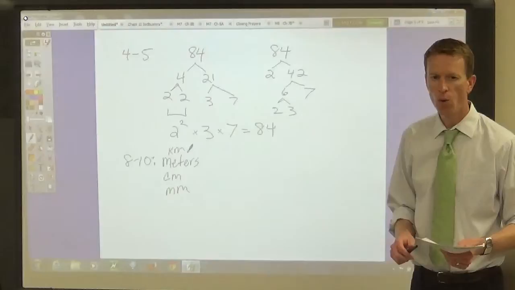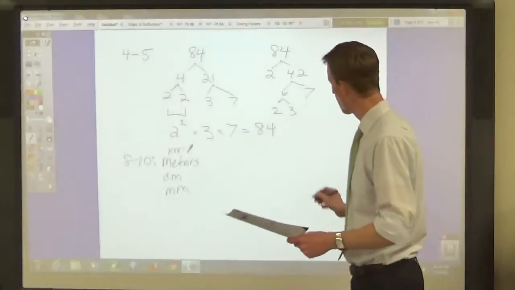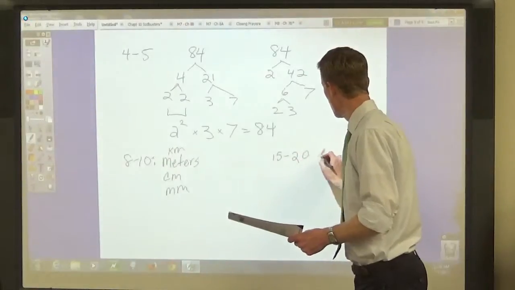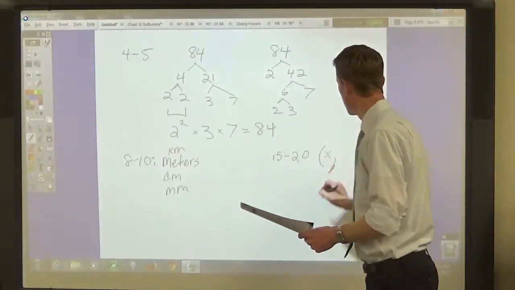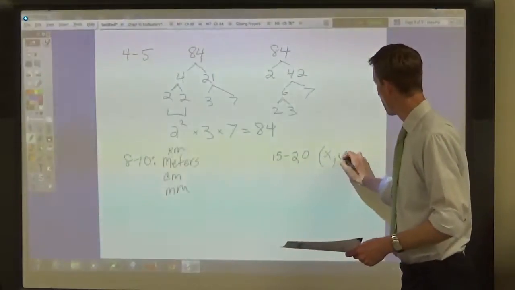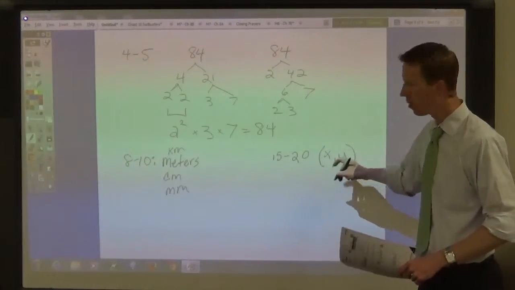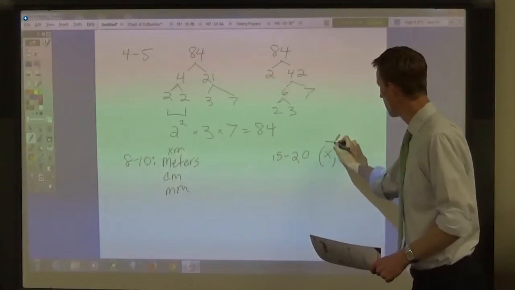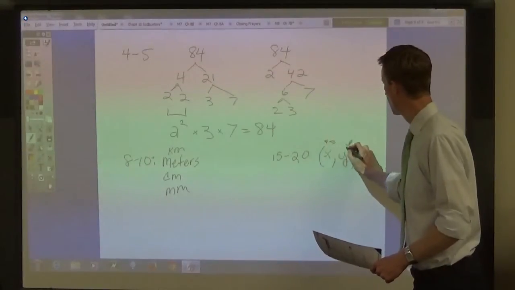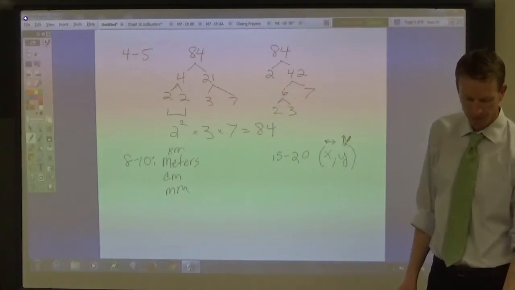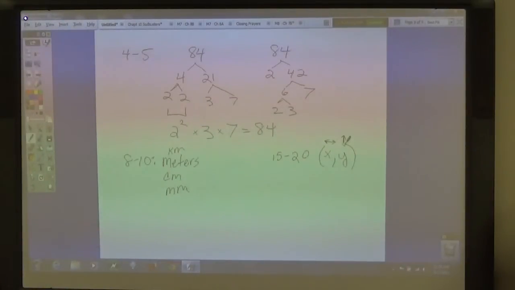How to identify the ordered pair. Remember, an ordered pair in 15 through 20 is the x number and the y number, separated by a comma and with parentheses around it. The x number is how far to the left or right, and the y number is how far up or down. Okay? So, do this one for tomorrow.